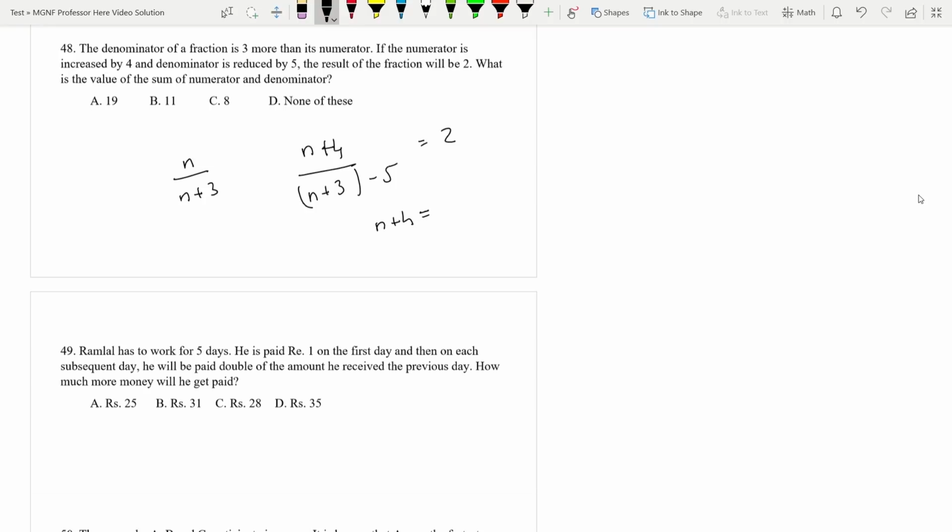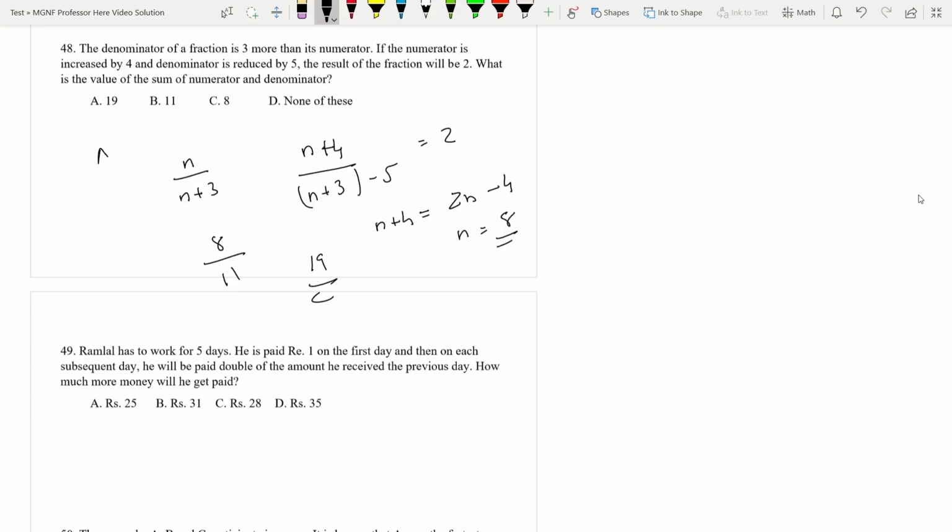Okay, n plus 4 is equal to 2n. 3 minus 5 is minus 2, minus 4. It becomes n is equal to 8. So n is equal to 8, which means 8 divided by 11. Now they are asking you to find the sum of the numerator and denominator, which is 8 plus 11 is equal to 19.